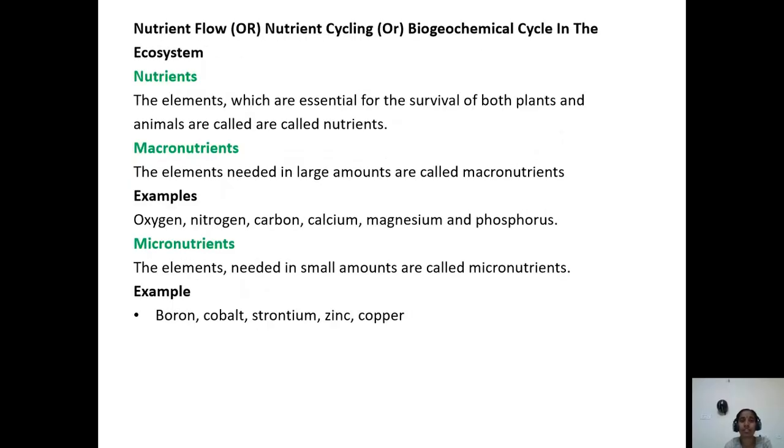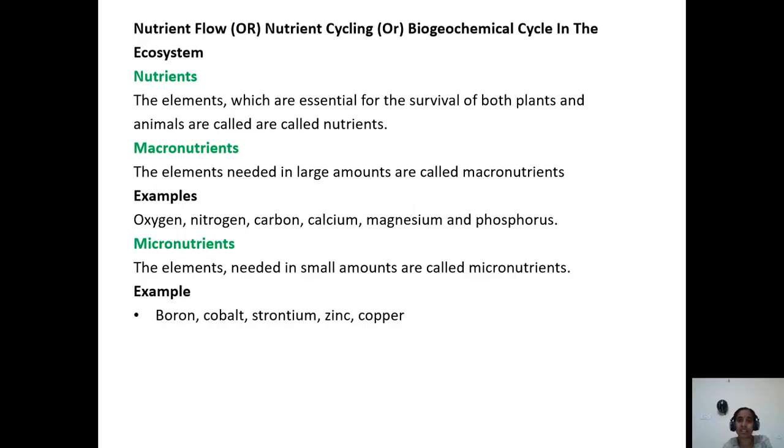Nutrient flow. Here nutrient flow is a cyclic process. In this cyclic process, the producers take nutrients from the soil, then nutrients pass from producers to herbivores, to primary carnivores and to secondary carnivores.